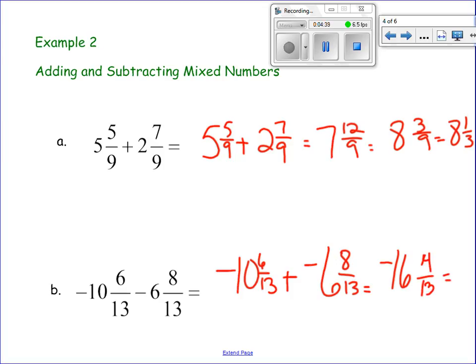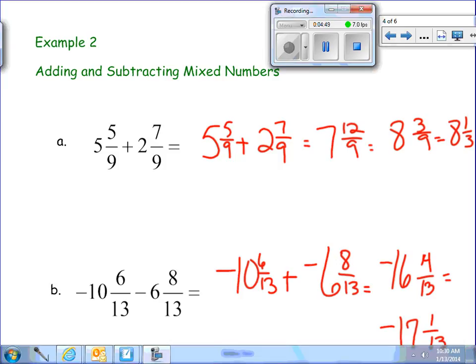Simplify that. Final answer would be negative 17 and 1 over 13. Again, when you're subtracting with fractions, with rational numbers, you use the same rules as subtracting integers. So the operation given for rational numbers is subtraction. You can add the opposite.